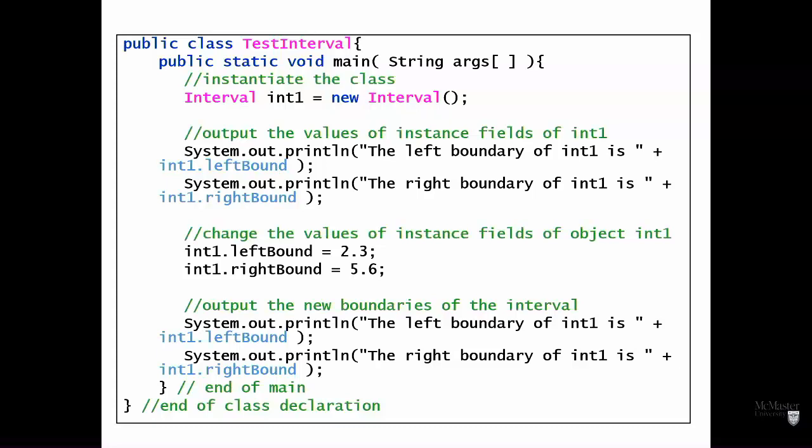When you print them, what you should expect, assuming the left bound and right bound were initially 0, right? So what you should get here, 0 and 0, right? But then you modify them. What should you get here? Yeah, 2.3 and 5.6, right?